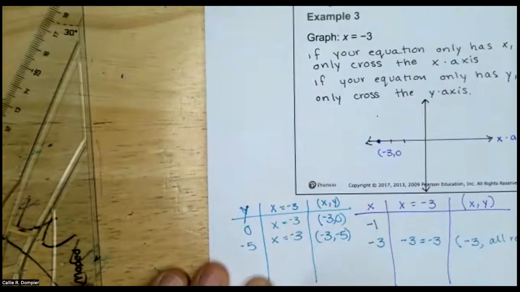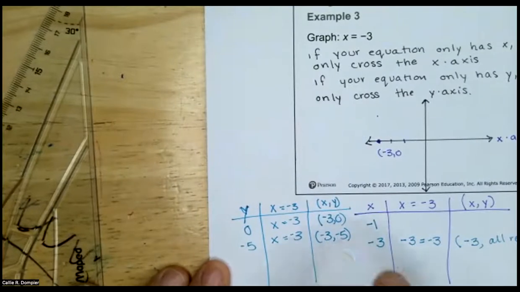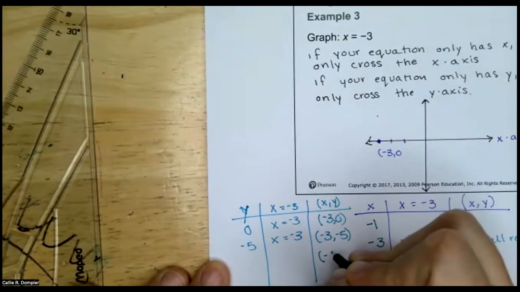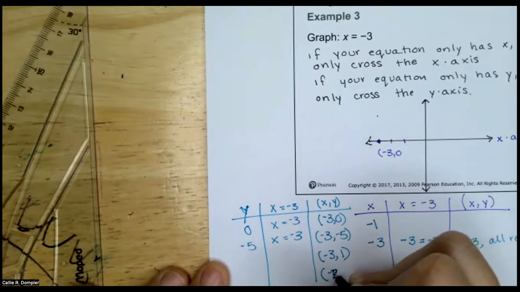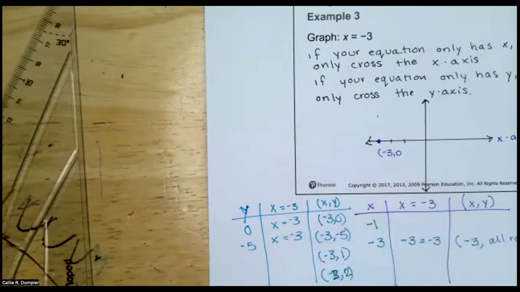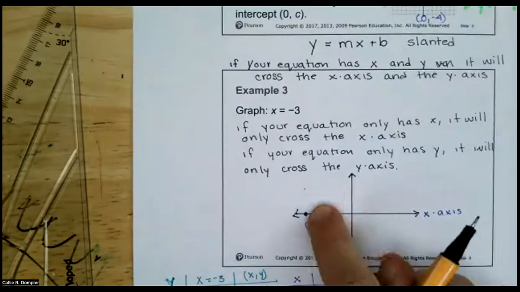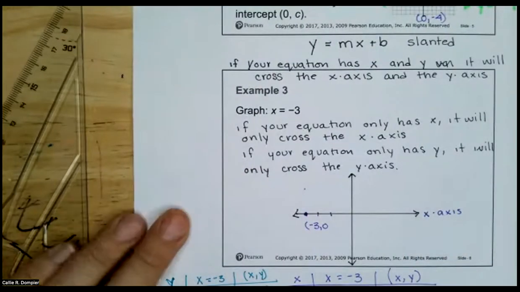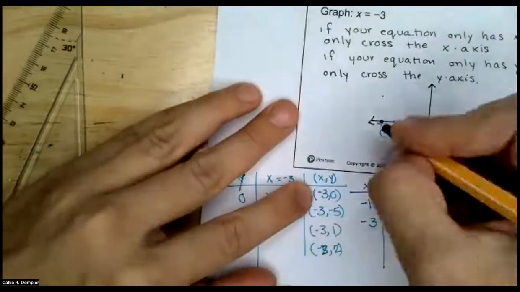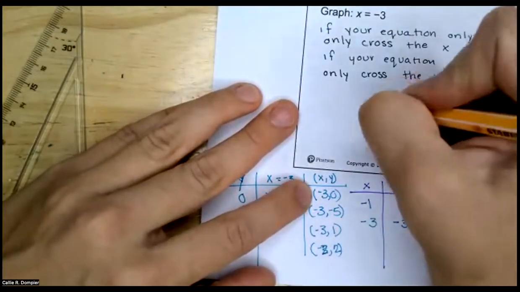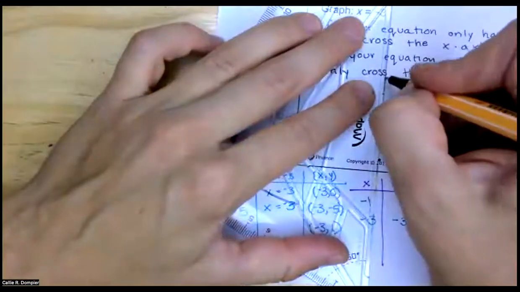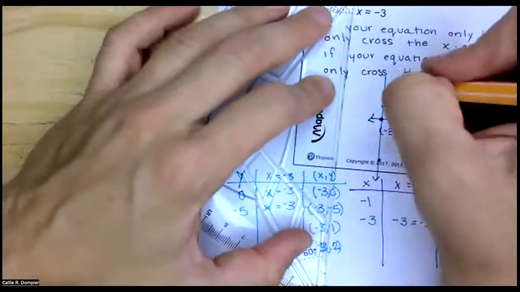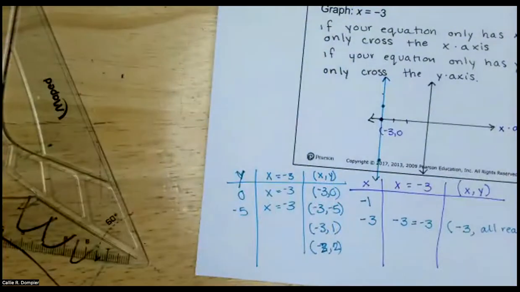Good. No matter what Y value I put in, X will always be -3. If I put in 1, it'll be -3, 1. If I put in 2, it'll be -3, 2. Make sense? So -3, 0, -3, -5, -3, 1. It just means it crosses the x-axis at -3, no matter what my y value is.